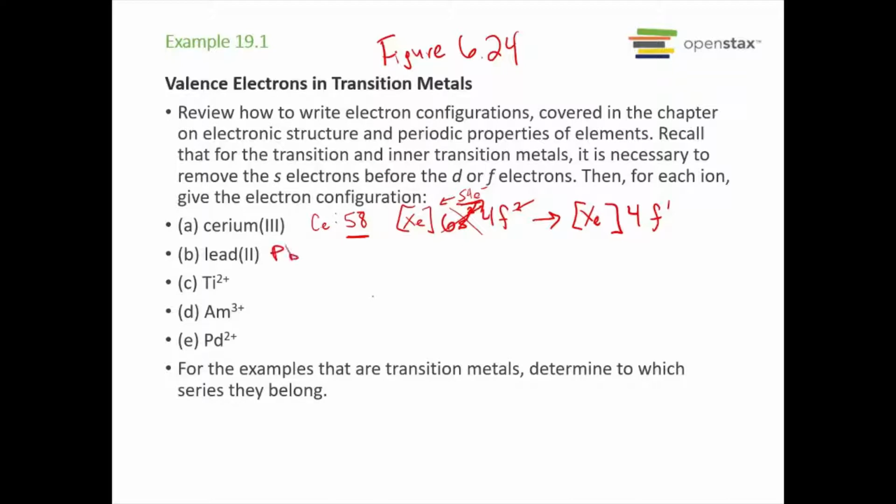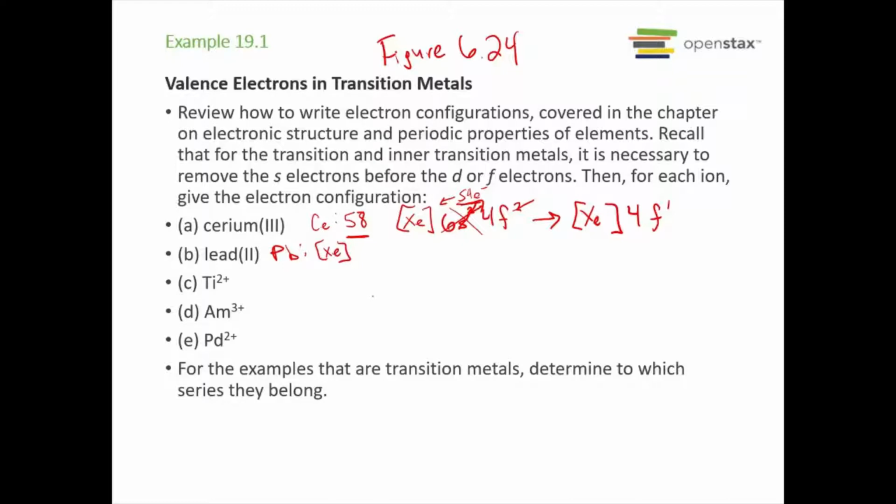So for neutral lead, we would have xenon as its closest element, because lead is element 82. After xenon, we go from 54 to 82 electrons, so we have 28 electrons now to play with.